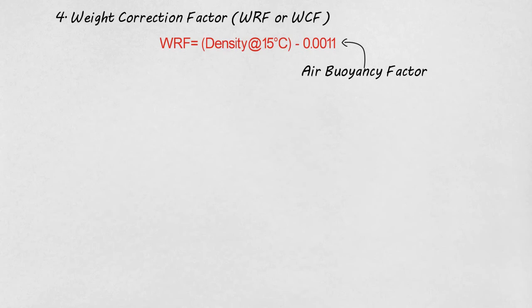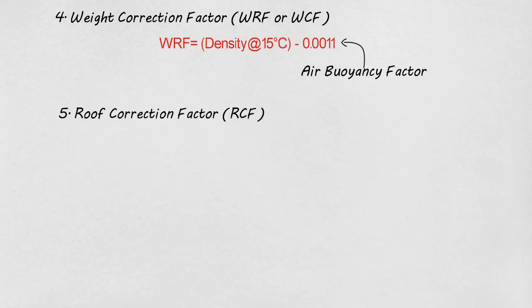Why subtract this 0.0011? Because when you measure the weight of the product, you are actually also measuring the weight of the air over it. That correction is a very minute correction, but still you have to apply it and get the actual weight of the product, reducing the weight of the air which is over there.